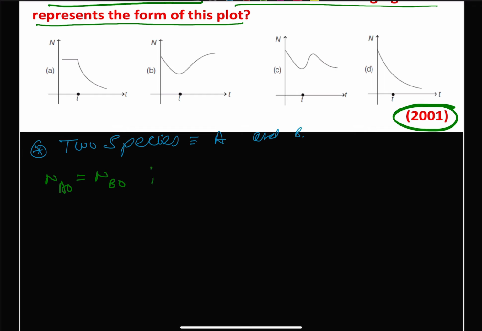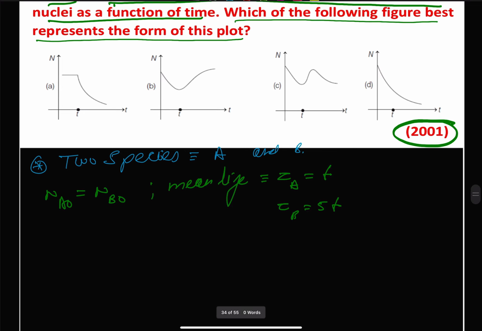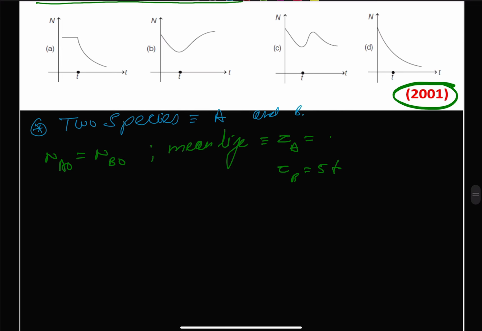So we can say mean life for the first one, that is tau A, it is given as tau, and for our tau B, it is given as 5 tau. So from here we can say that this species A will be shorter lived, where this B will be longer lived.